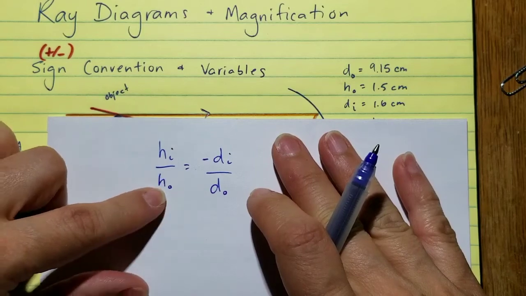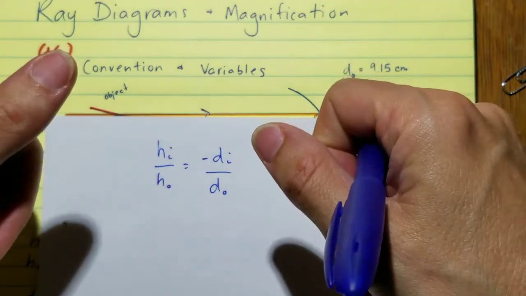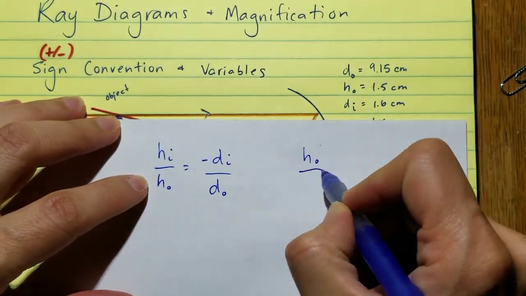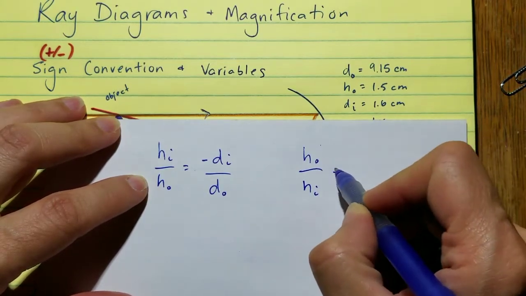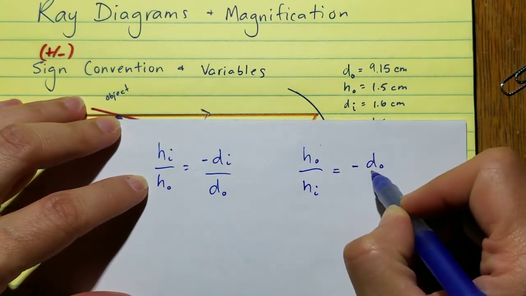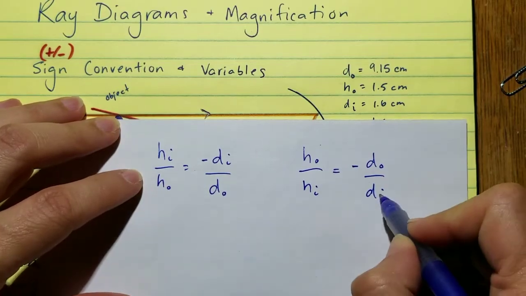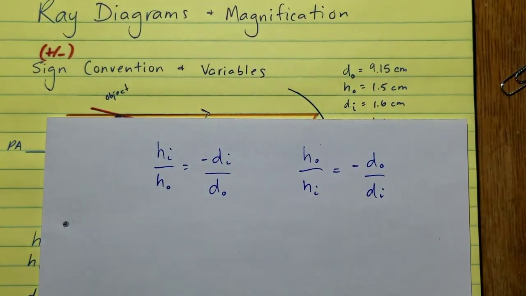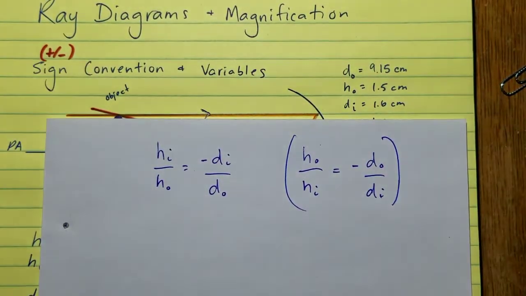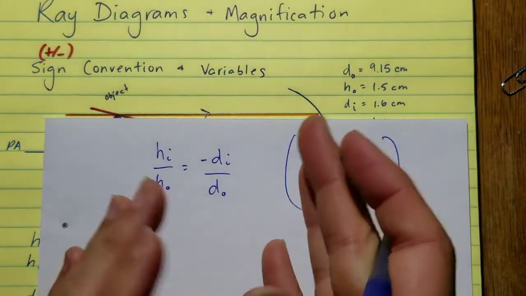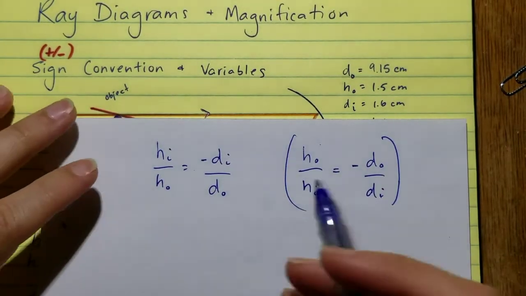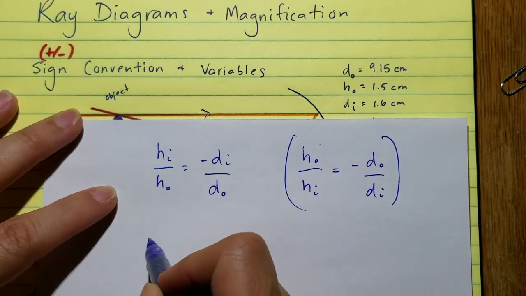Let's say I wanted to solve for ho. We could actually flip this equation over. You can do ho over hi equals negative do over di. Okay? It actually really doesn't matter because if you inverse both, they're the same. And again, you can put left or right, that equal sign doesn't matter. So now, how do I get rid of the ho here?